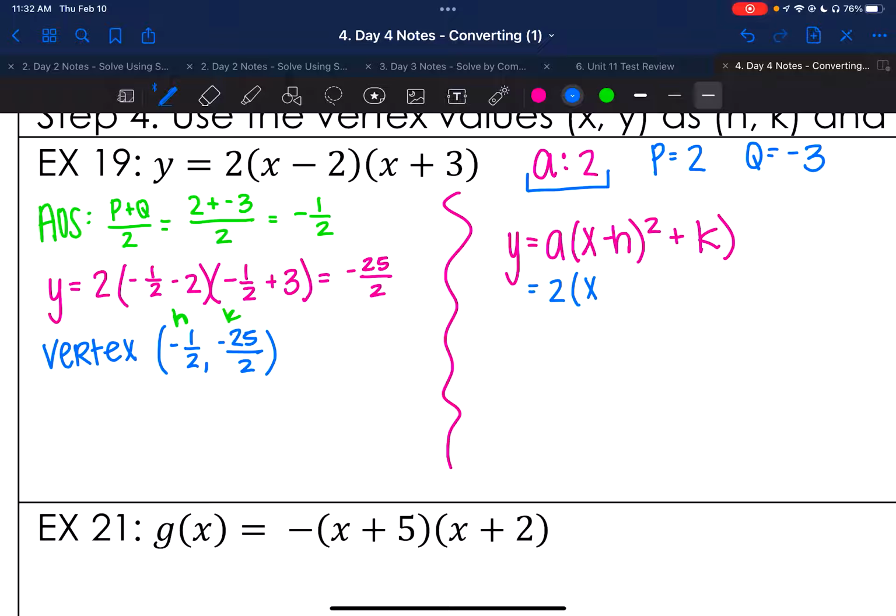Our h value is negative 1/2, so minus negative 1/2 squared plus my k value of negative 25 over 2. We know that writing minus a negative is not realistic, so we'll write that as x plus 1/2 squared. And then plus a negative is also not a realistic way to write it, so we'll just do minus 25 over 2. And that is your vertex form for this function.